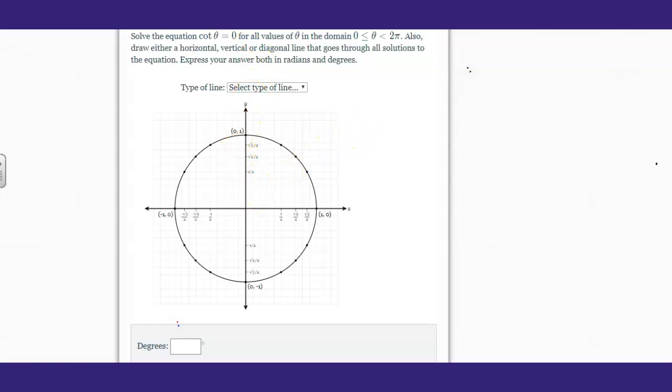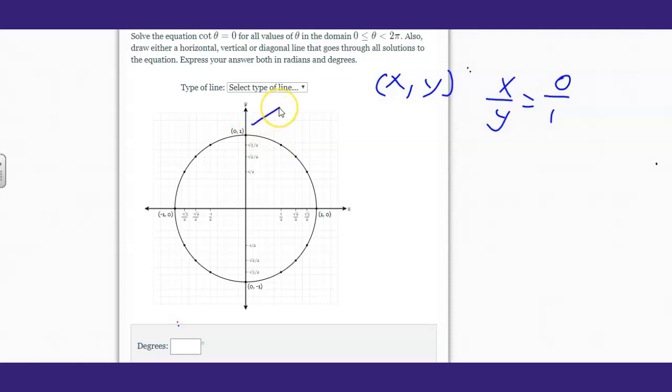If you remember, in terms of the coordinate point x and y, cotangent would be x over y. So for 0, I need to have 0 over 1, or 0 over negative 1.